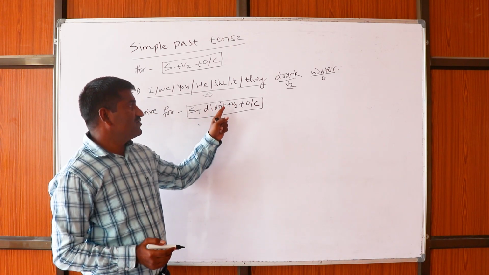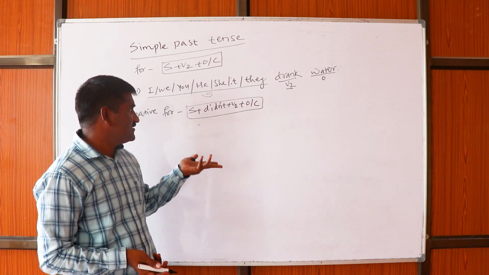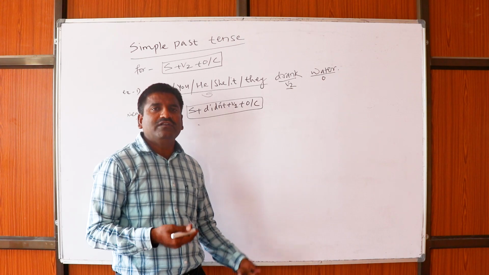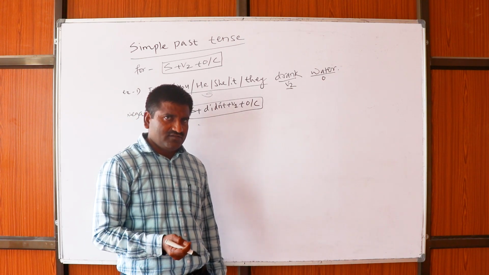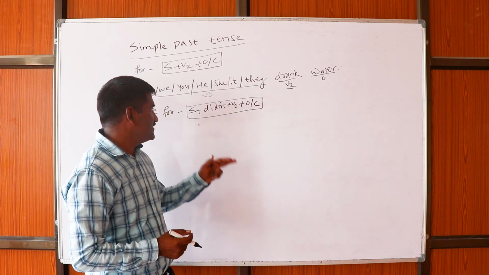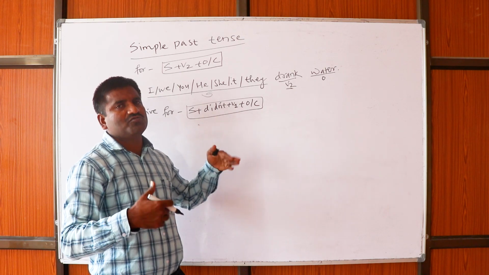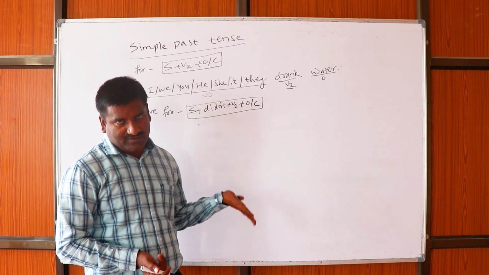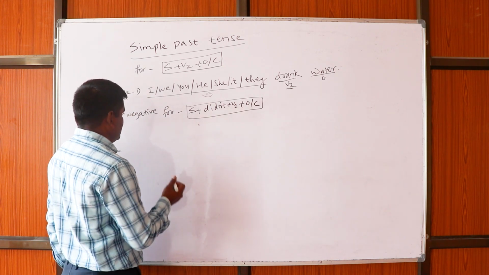So didn't plus V1 is next. Regularly, children write didn't but after that they write V2 by mistake. So it should be avoided. After didn't there should be the first form of the verb. When we want to say negative, we have to use didn't in simple past, right?